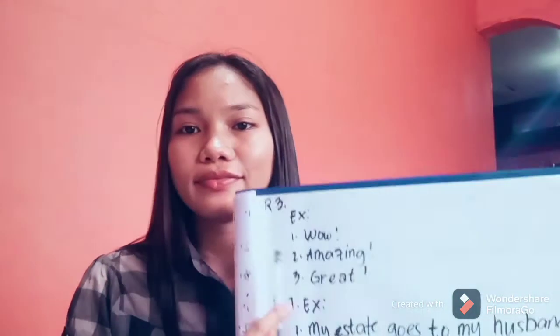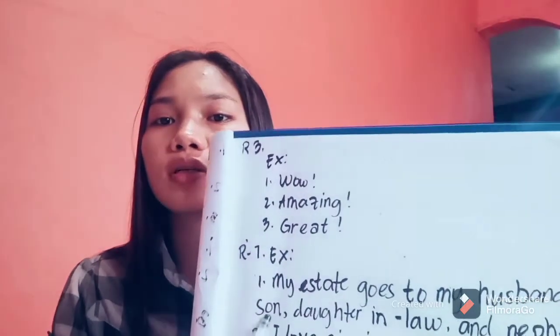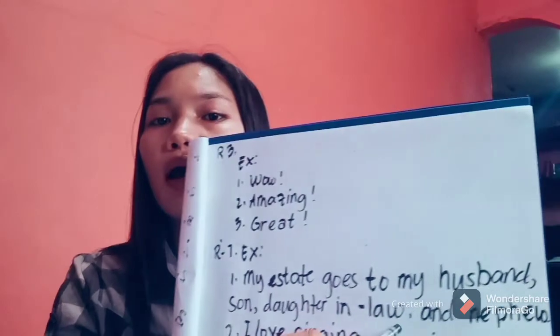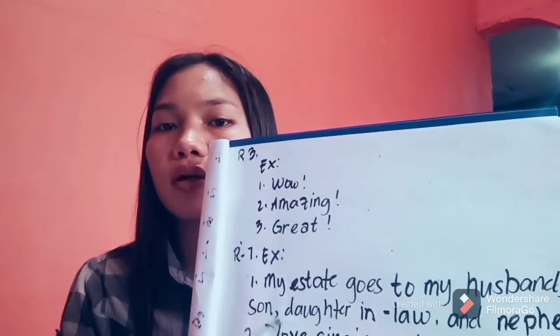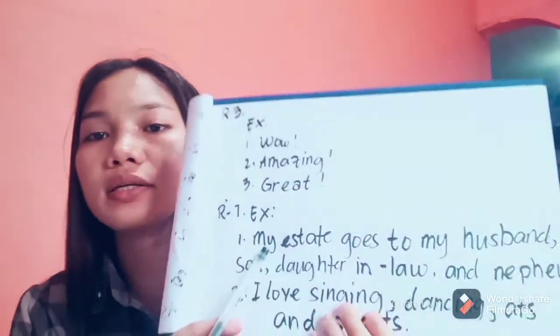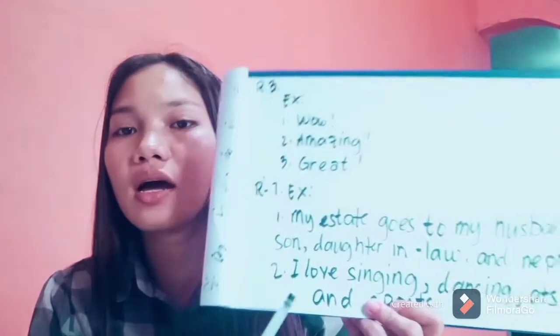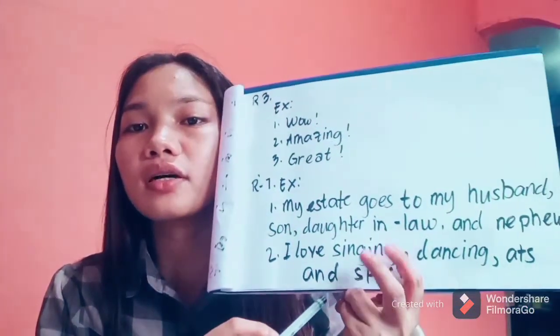Use commas to separate words or word groups in a simple series of three or more items. For example, my estate goes to my husband, son, daughter-in-law, and nephew. I used commas to separate the members of the family. Another example: I love singing, dancing, arts, and sports.